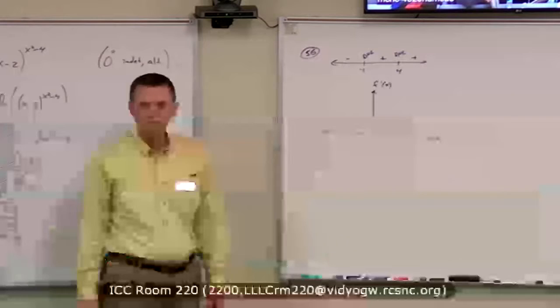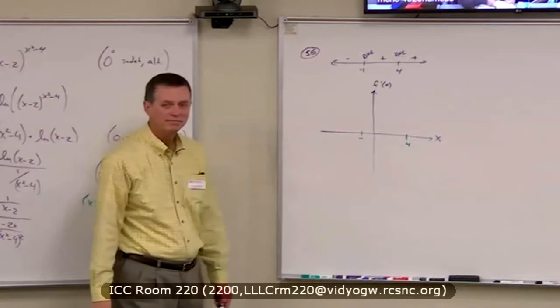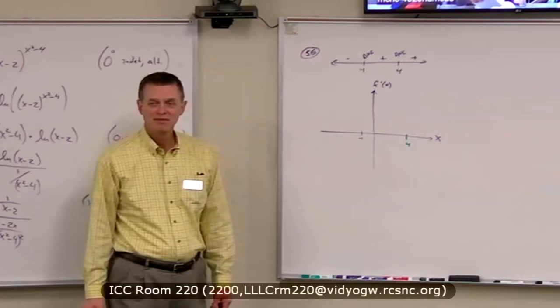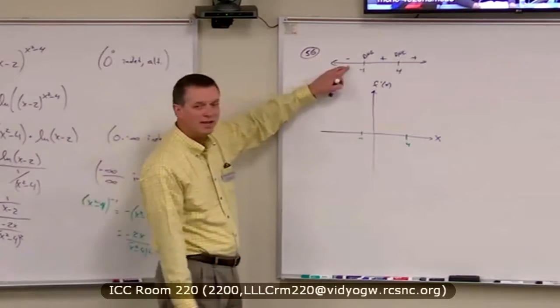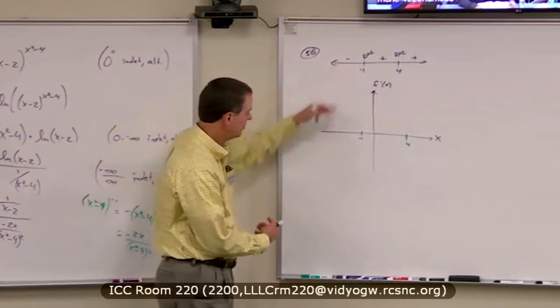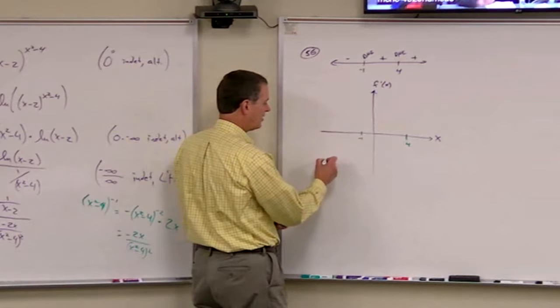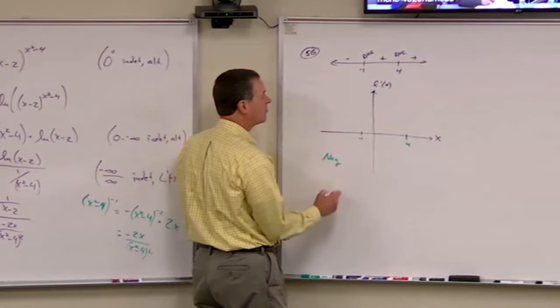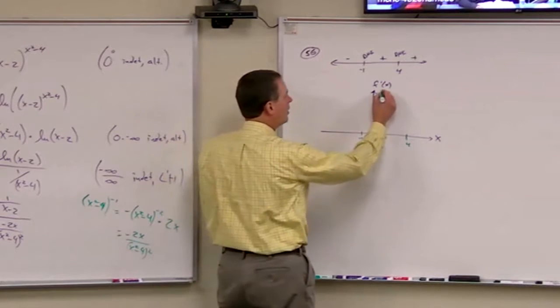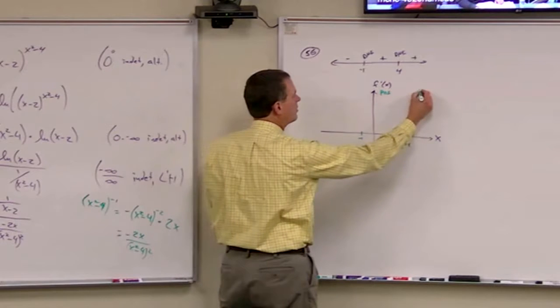And what happens between them? It says the function is negative to the left of this. So I'm somehow below the axis to the left of -1, but then I'm above the axis over here.